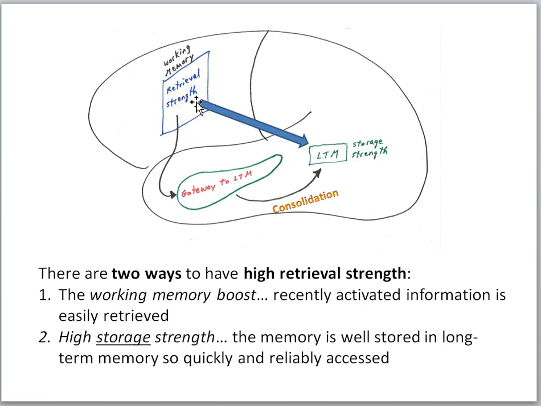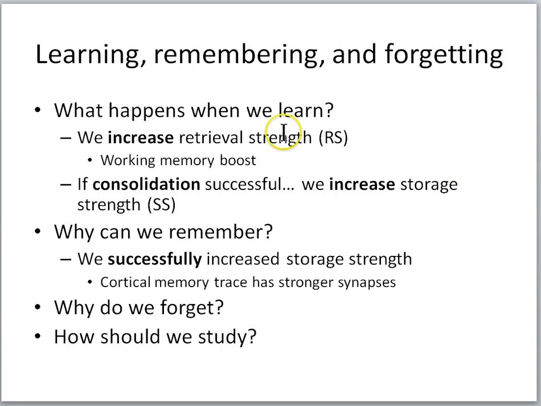And remember, we know that access to the information after consolidation events does not necessarily require the hippocampus, as we saw with neurological patients like HM. So what happens when we learn? We're increasing the retrieval strength for the information, and we'll call that the working memory boost. So during our study session, we enjoy the working memory boost.